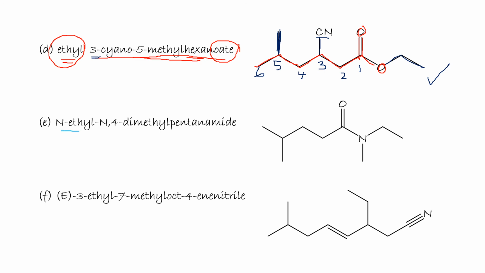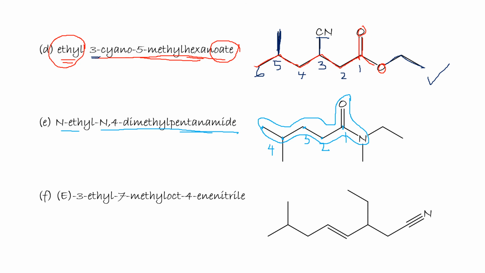N-ethyl-N,4-dimethylpentanimidate. Pentanimidate means that we have 1, 2, 3, 4, 5. That's pentanimidate. Here is 1, 2, 3, 4.